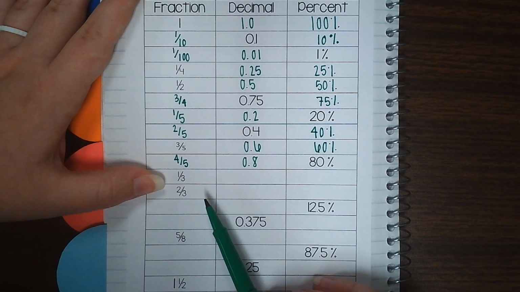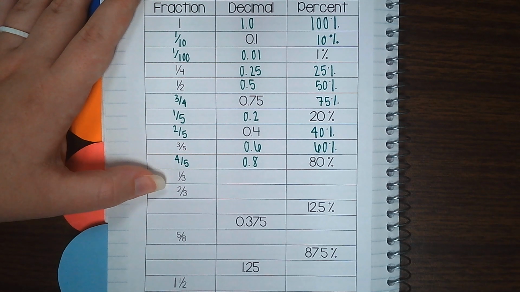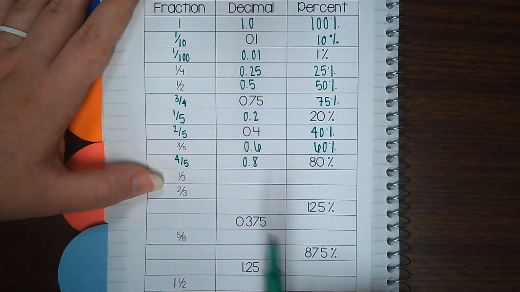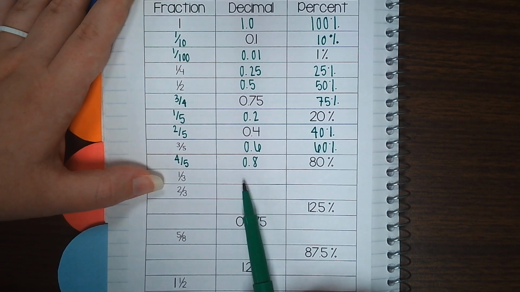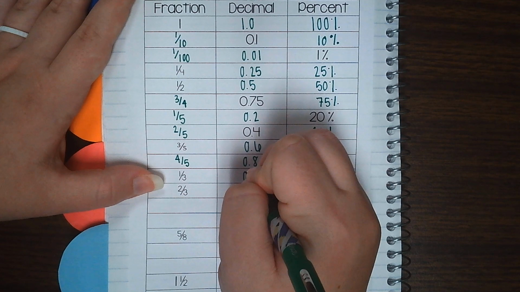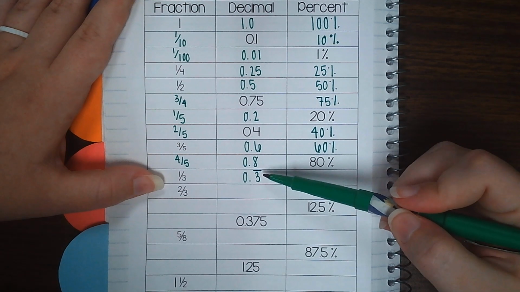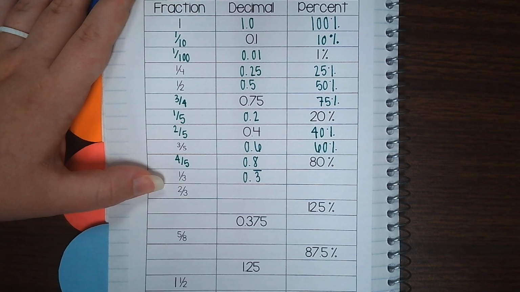1/3 and 2/3 are very important. They are never-ending decimals. They are repeating decimals. So to show 1/3 as a decimal would be 0.3 repeating. And we show that it's repeating by putting that line over our 3.